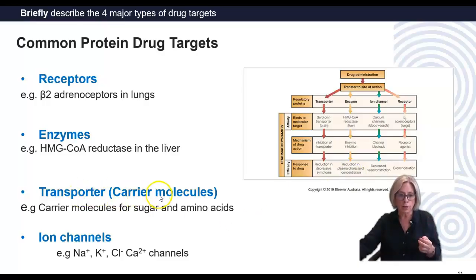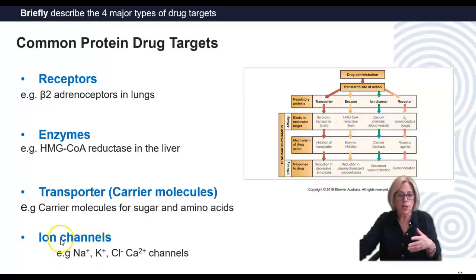Transporters or carrier molecules, and these are carrier molecules for sugars and amino acids. The example given in your textbook is the serotonin transporter in the brain. The mechanism of drug action is to inhibit this transporter, and the response to the drug then is a reduction in depressive symptoms. So it's used as an antidepressant, right?